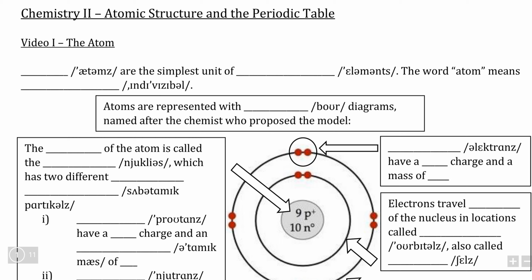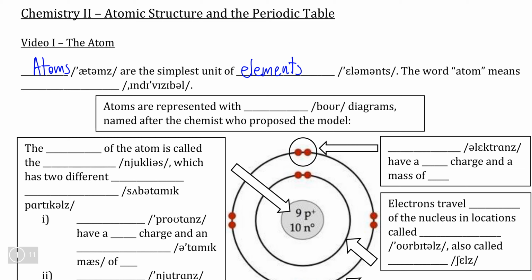Now that you've learned how to classify matter into elements, compounds, solutions, and mechanical mixtures, it's time to actually look at what makes up an element. So all elements, the substances that we find on the periodic table, are composed of structures that we call atoms.